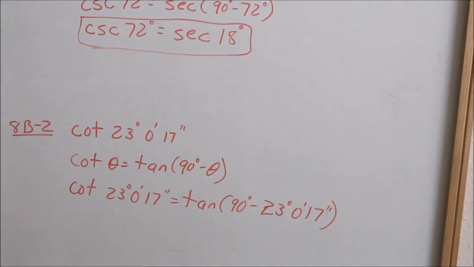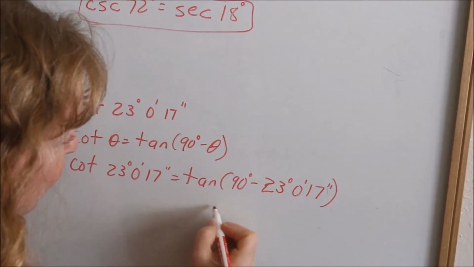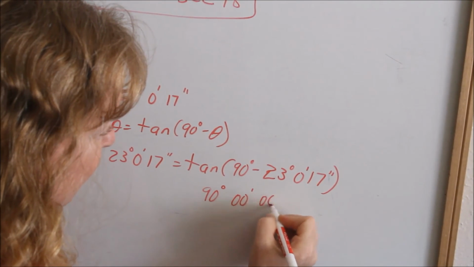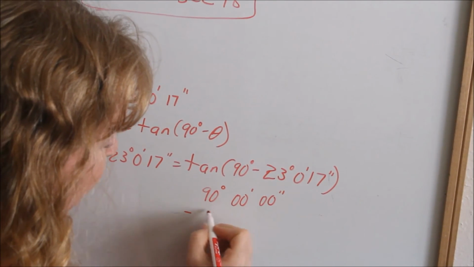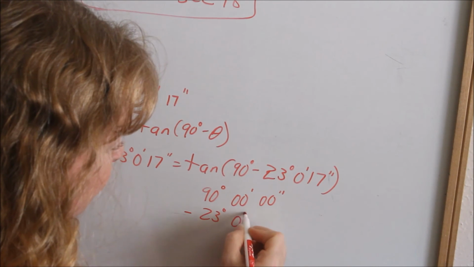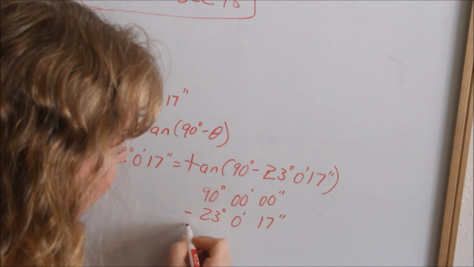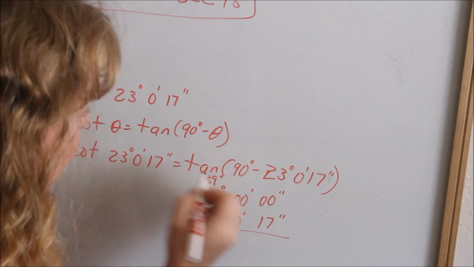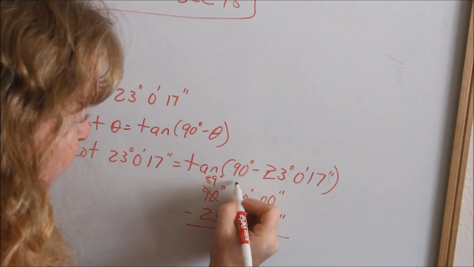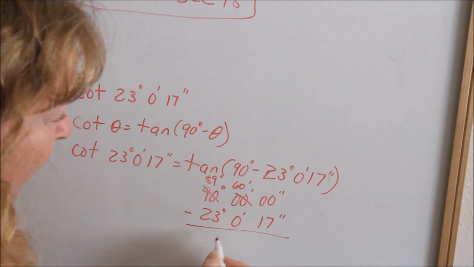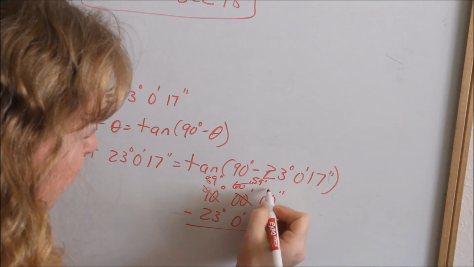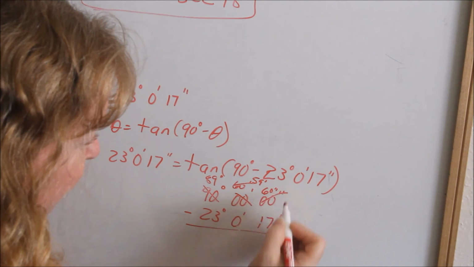So when you have degrees, minutes, seconds, I recommend doing it by hand. 90 degrees, 0 minutes, 0 seconds, minus 23 degrees, 0 minutes, and 17 seconds. You have to borrow. Here we borrow, that'd be 89 degrees. That'd be 60 minutes. We have to borrow again. So now that becomes 59 minutes and 60 seconds right there.